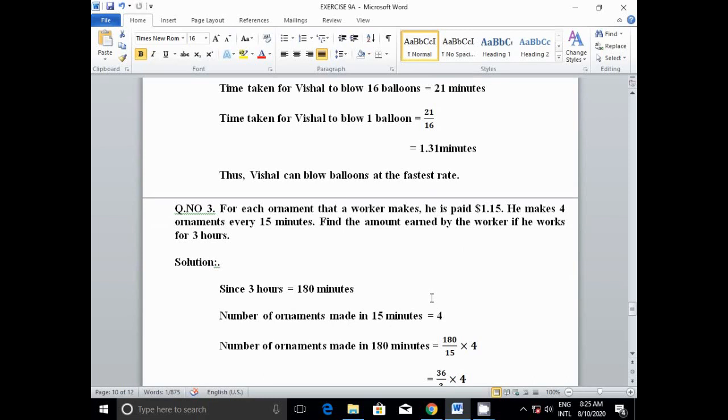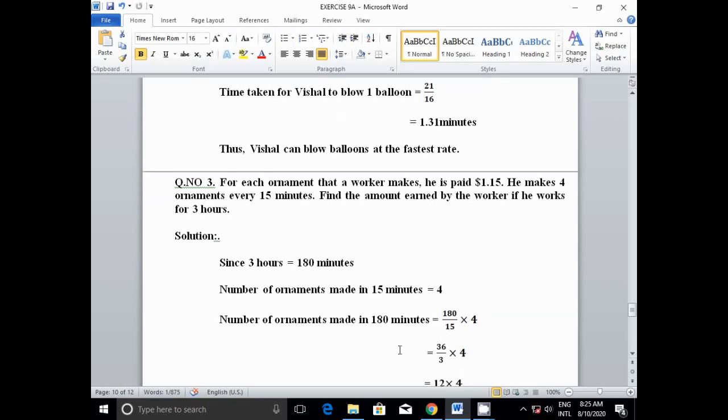So we will find the number of ornaments made in 180 minutes. This can be found by 180, which is the total time taken, divided by 15, which is the time taken to make 4 ornaments.